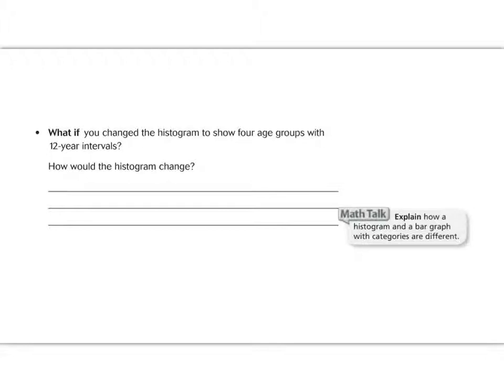The last part of our histogram lesson is a question. It says, what if we change the histogram to show 4 age groups with 12-year intervals? Well, let's think. We would still have the same amount of data, but instead of having 5 bars, we would only have 4 bars.